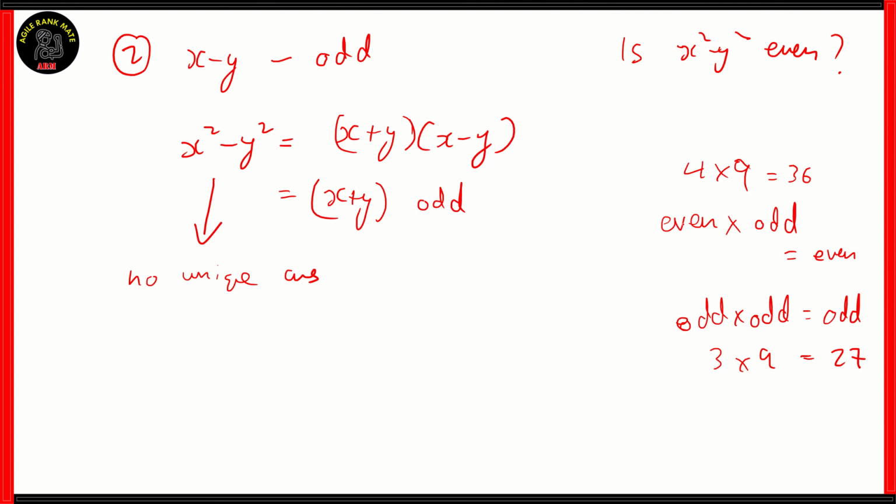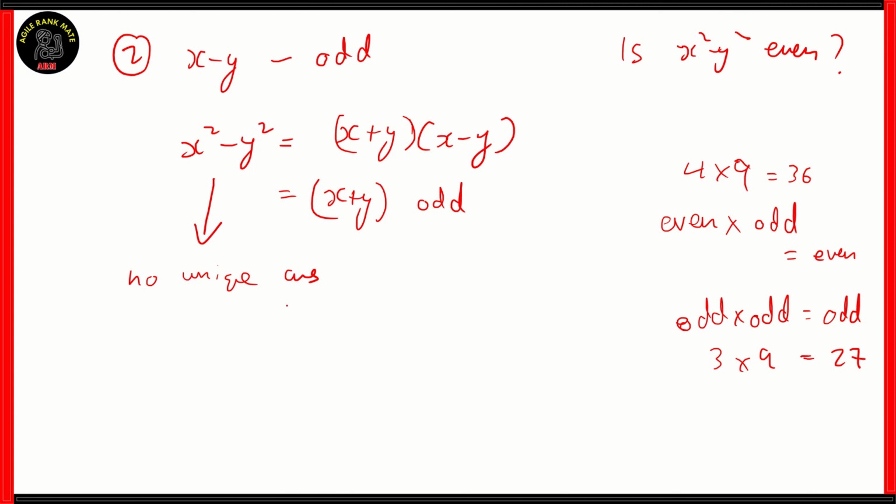So if x plus y is even, and x minus y is odd, then the product x squared minus y squared is still even. However, if x plus y was ever to become odd, then you have an odd number times an odd number, which gives you an odd product.